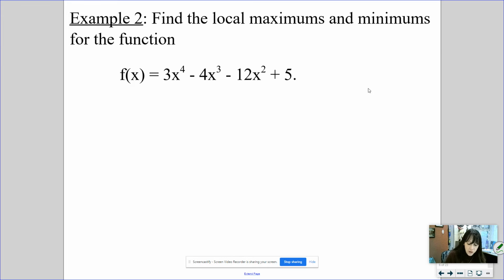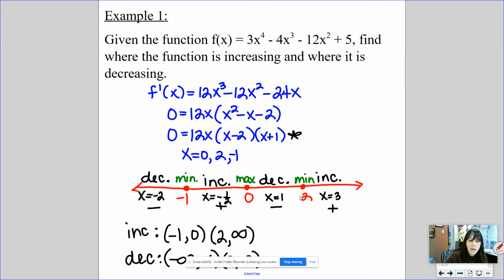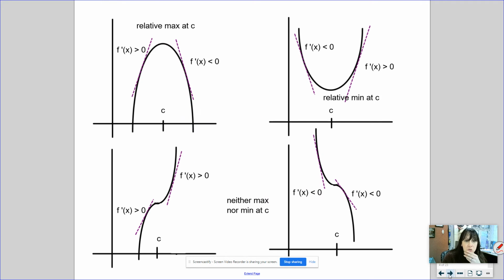Let's try that again. So we're going to find all the local maximums and minimums. So we kind of already did that, this was the exact same equation as number 1, right? And so I already told you that if you go from down to up, there's a min, or from up to down, there's a max. So let's pull this information over. The minimum is at -1 and 2.